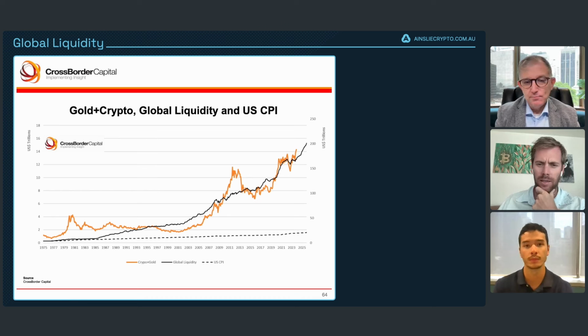Yeah, so just quickly, we've got that black line, which is global liquidity, and it's been measured out to 2025, so it's a little bit of a leading indicator. Historically, gold and crypto have had a very tight correlation to liquidity. Sometimes it dips under, sometimes it dips above. You could argue that those dips under are buying opportunities, and when it starts to really stretch itself above, which we may actually end up seeing in the next 12 to 18 months, they would be times that you'd be looking to sell.